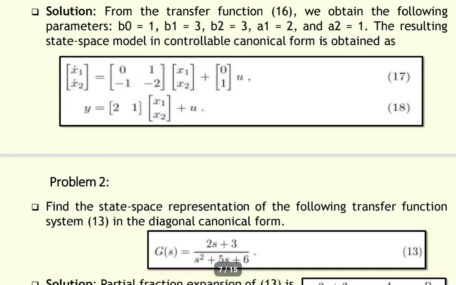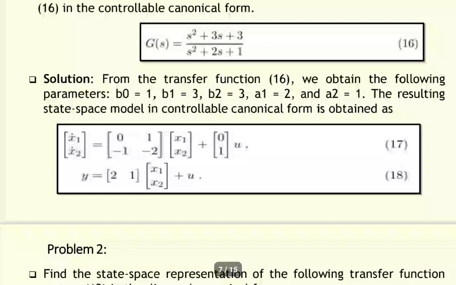So here 0 1 remains fixed for a 2-dimension matrix, and an is 1, that's why minus 1, and a1 is 2, that is minus 2. Okay, so we may write the A matrix with last row minus 1 minus 2 and first row 0 1, acting on x1 x2.